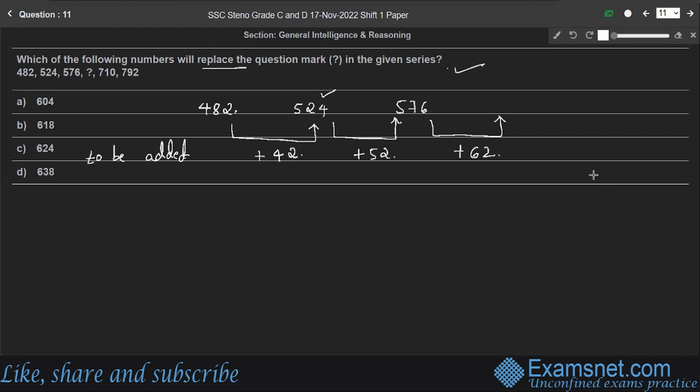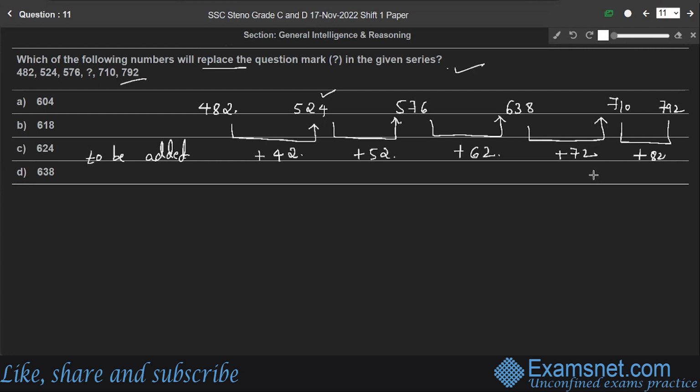So 576 plus 62 is 638. Then 638 plus 72, the next number to be added is 72, becomes 710, and 710 plus 82 becomes 792, which is the last number.